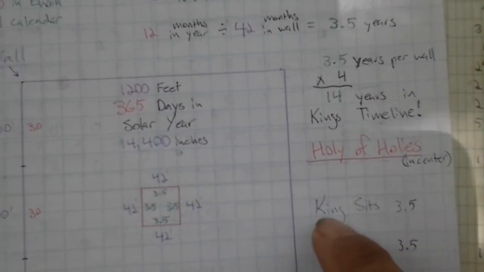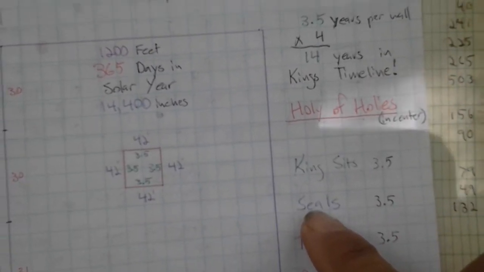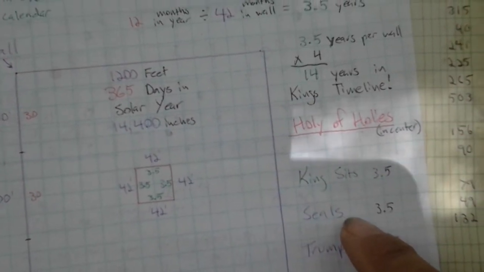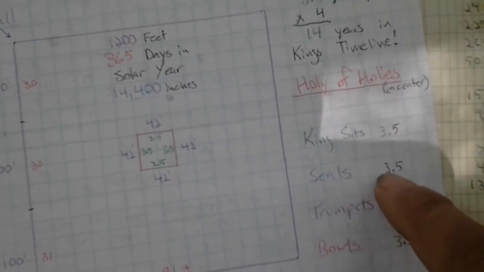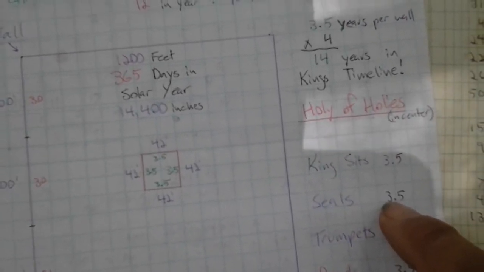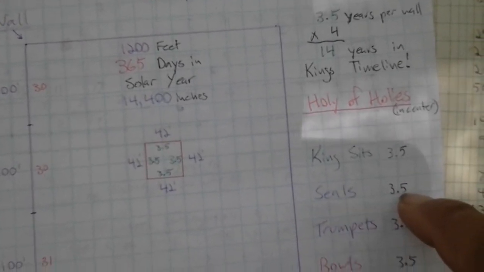Then what happens is Vashti refuses the king's command, and we go into the seals, okay? The first 5 seals last 2.5 years, but the 6th seal lasts another year, giving us a total of 3.5 years. So the seals do, in fact, last 3.5 years.